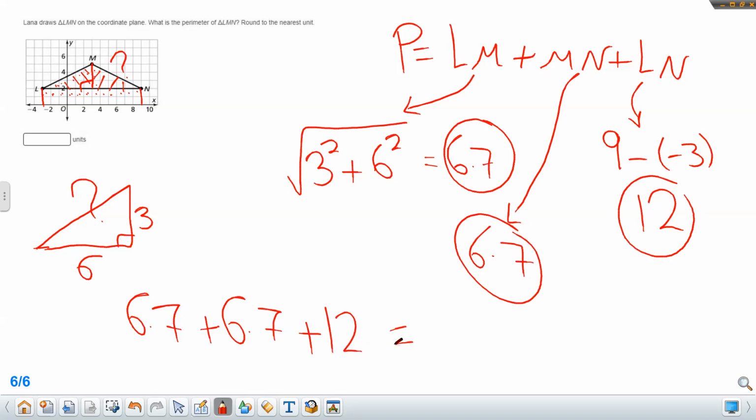So the answer will be 25.4. So the perimeter of this triangle equals 25.4. Thank you for listening and meet you after.